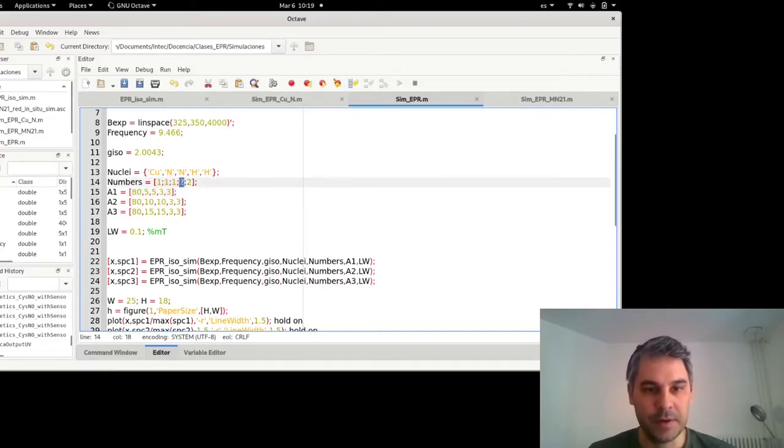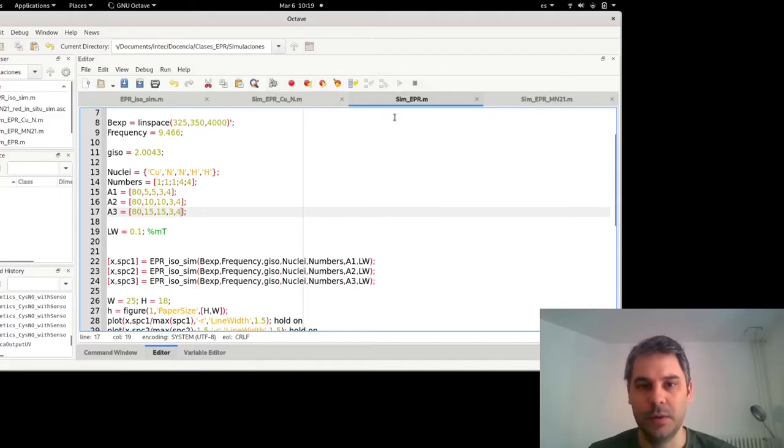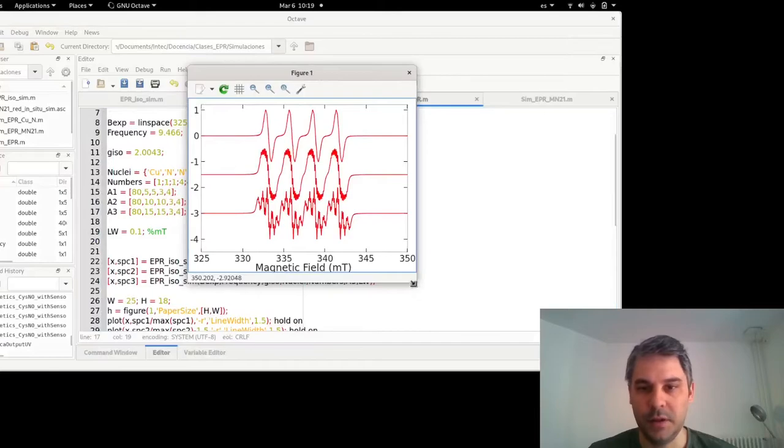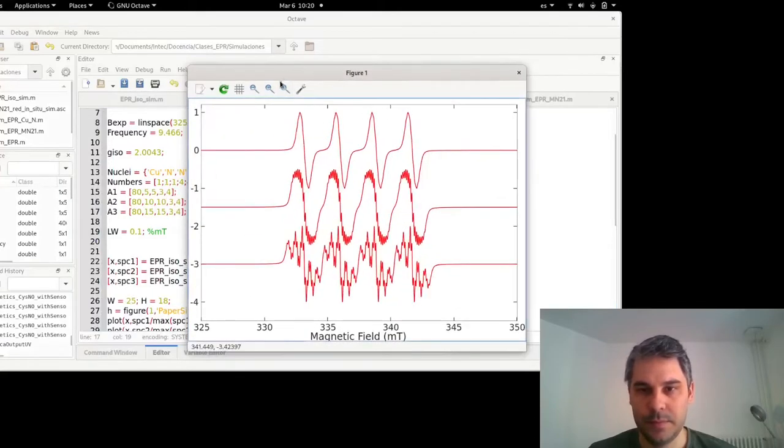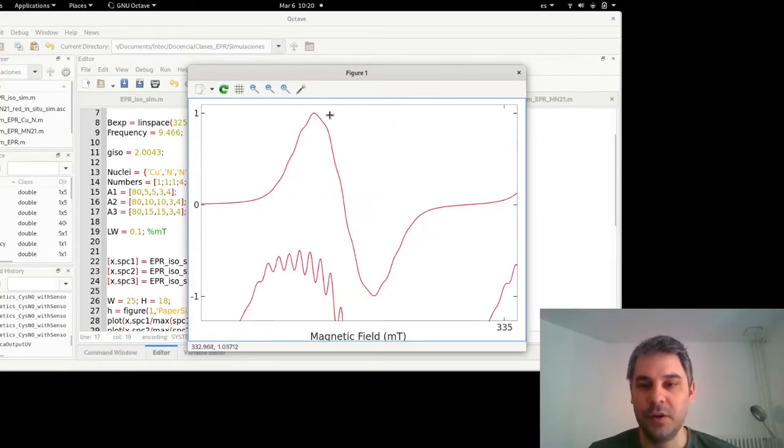If I keep increasing these, let's say, and I put them slightly different, which is very normal in any kind of complicated organic molecule, then it takes a little bit longer. But in the case where the nitrogen and hydrogen hyperfine splitting values are very close, you can almost not resolve anything.